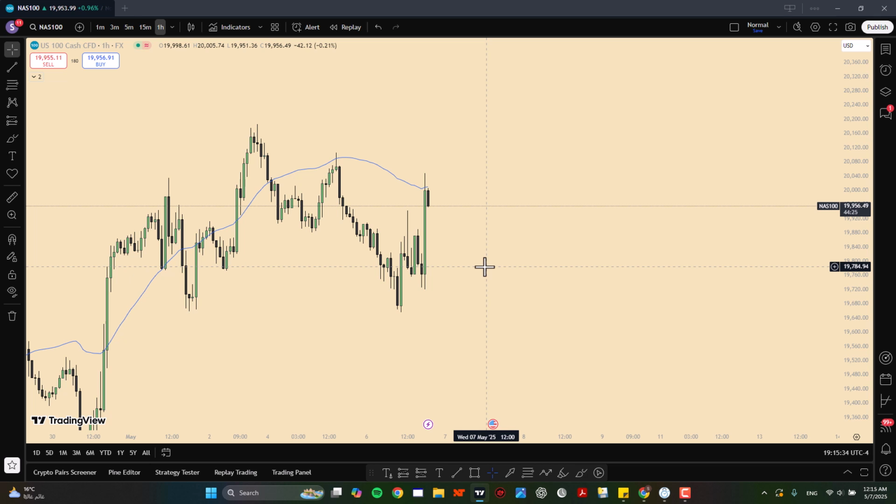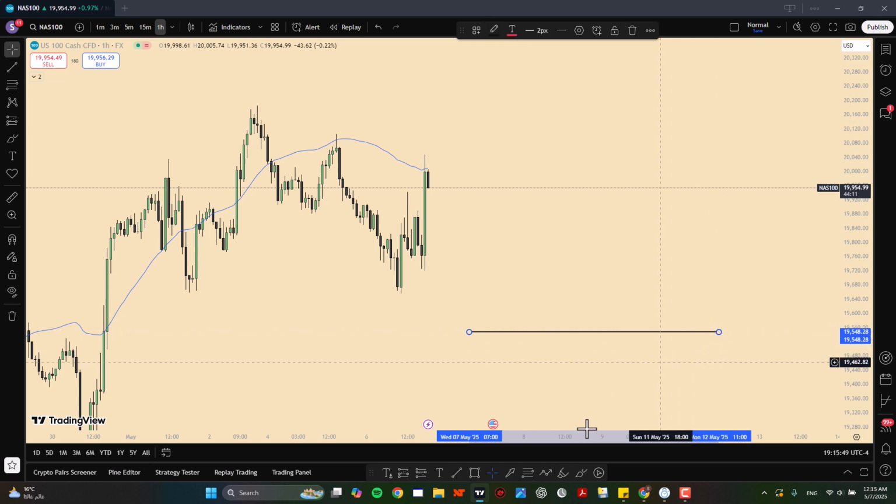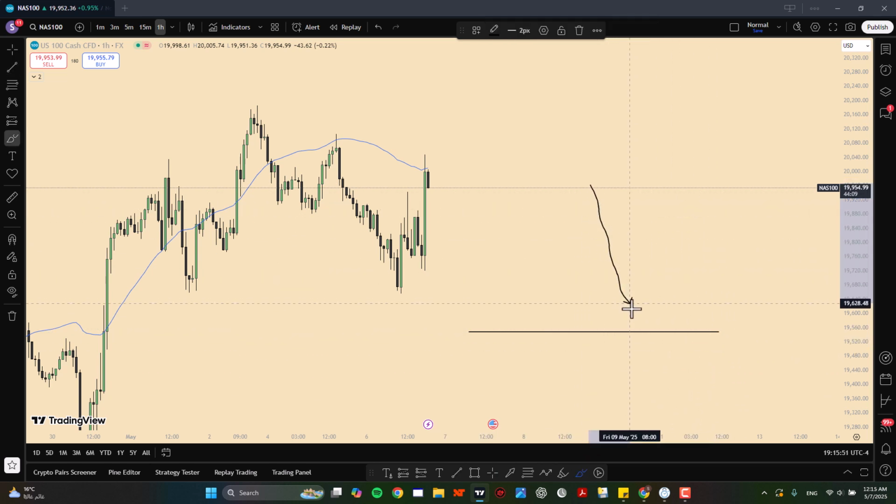Price, when it takes a high or a low, tends to have a reaction. So suppose that this is a previous low, price was trading here. When it takes it, there's likely to be a reaction.